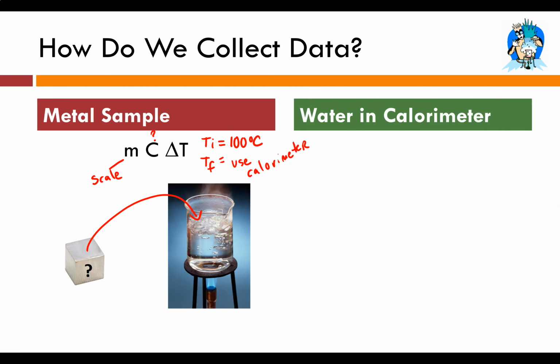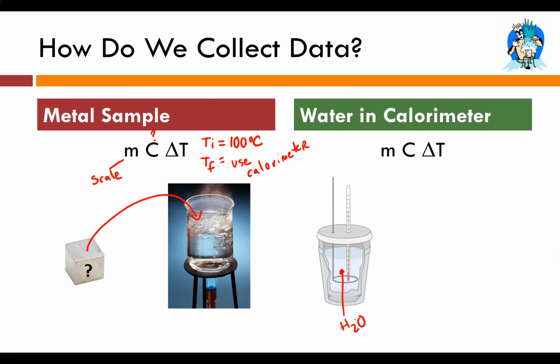Let's go through that same thought process for the water that's present in the calorimeter. Just to remind you, here's what our basic calorimeter looks like. We're interested in this water, and I have to deal with Q equals mcΔT. For liquid water, we've got that constant: c is 4.18 joules per gram degrees Celsius.